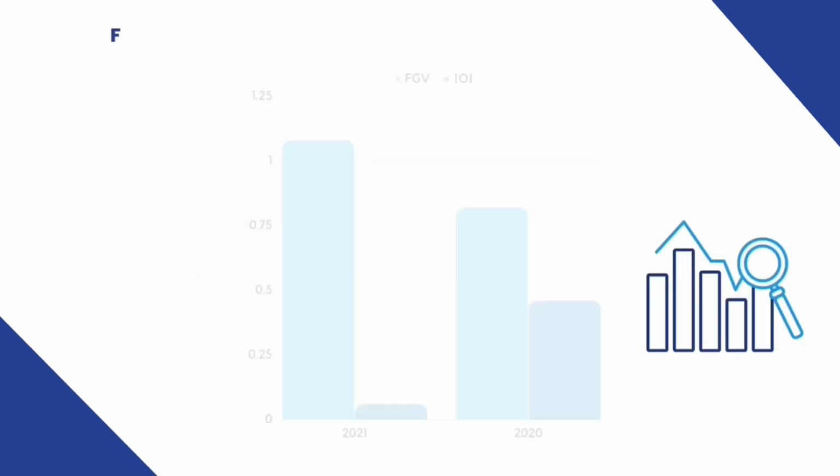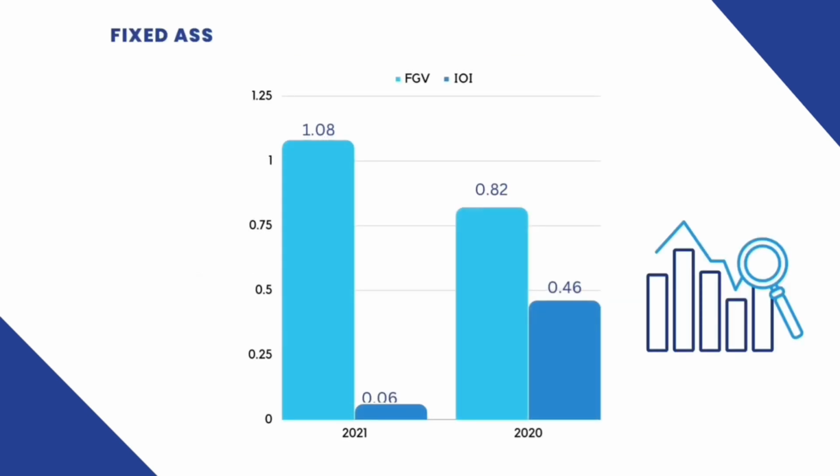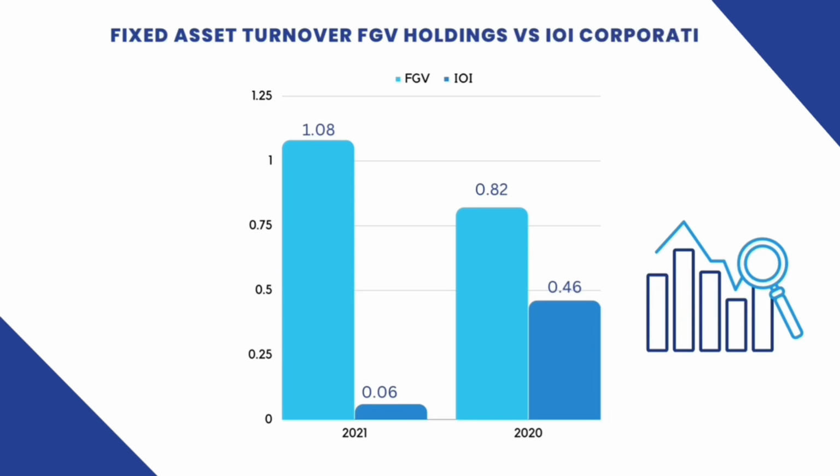In year 2020, FGV stayed the fixed asset at 0.82 and increased to 1.08 at year 2021. It indicates that FGV is better performing in generating more revenue per ringgit of assets. Meanwhile, for IOI in the year 2020 is 0.46 and decreased to 0.06. It may also indicate IOI Corporation has lack of collection period.